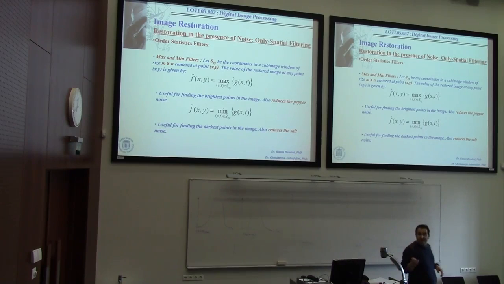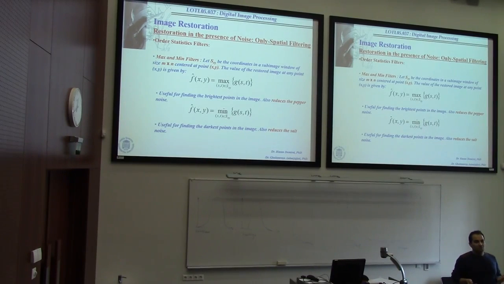Another filter that we can use for noise reduction is the max and min filter. These are 2 filters. The max filter, we can restore the image by using this function. It's useful when we want to reduce the amount of pepper noise in the image.